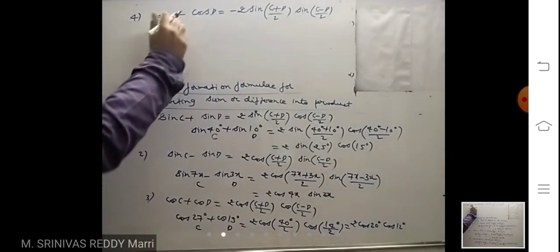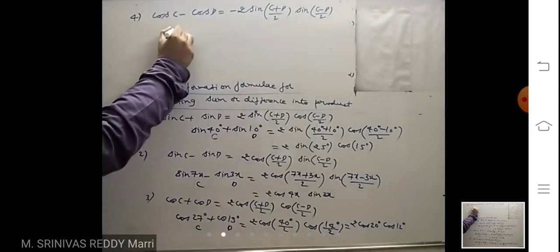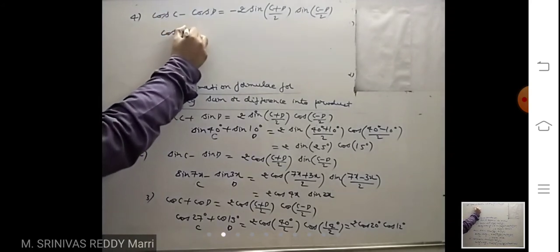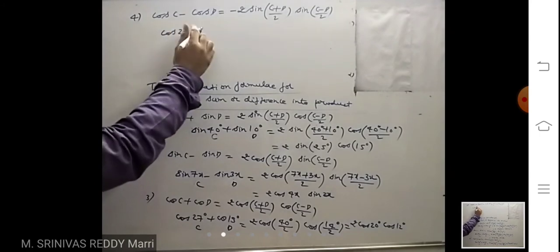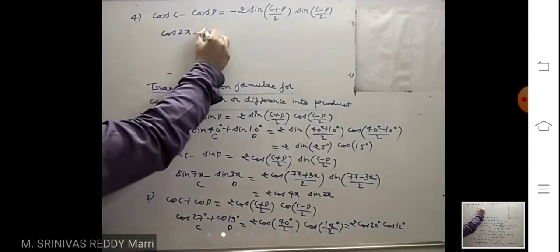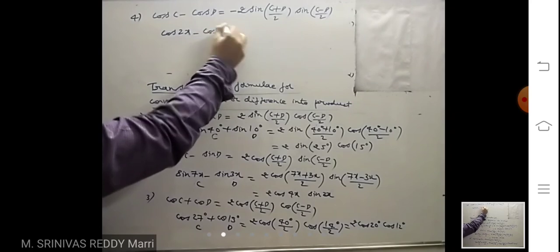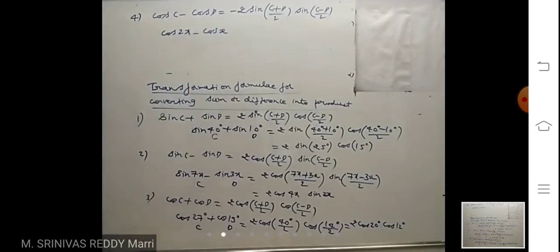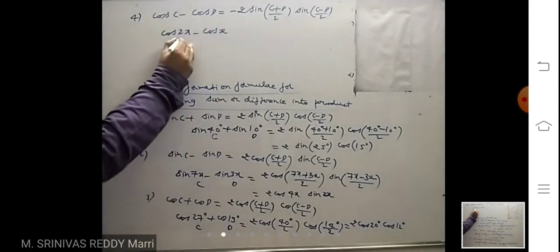Now, difference of two cosines. Suppose, let us say, cos 2x minus cos x.